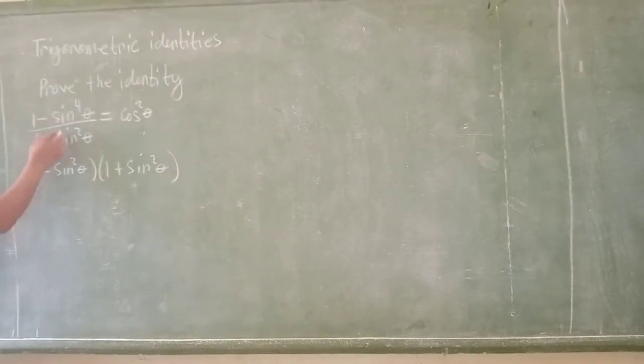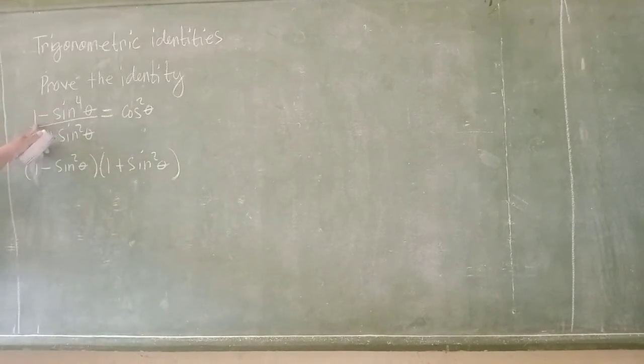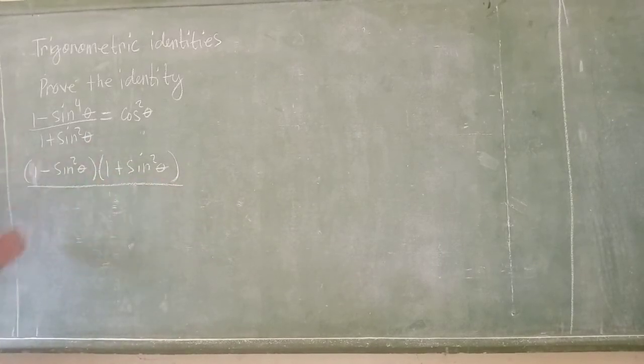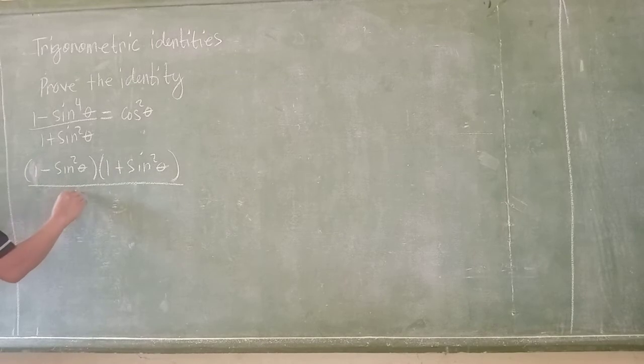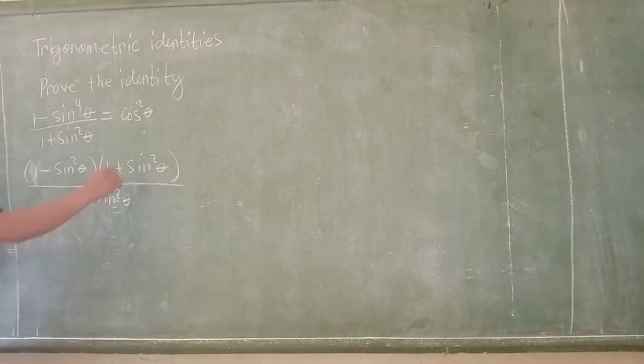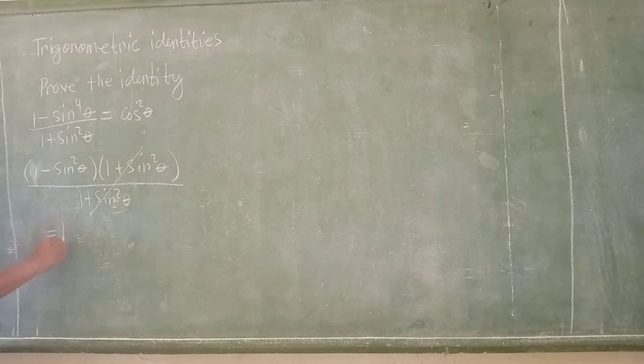So when we multiply, we obtain the same 1 minus sine to the 4th theta. Over, in the denominator part, we don't need to factor. Hindi na natin i-factor siya. So, that is 1 plus sine squared theta. As is lang siya. No? Then, makancel din siya. Ano bilhin? 1 minus sine squared theta.